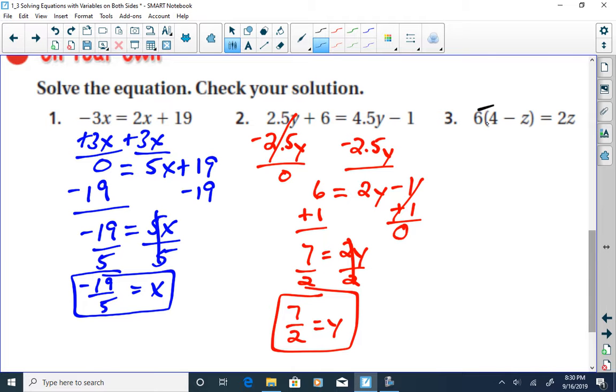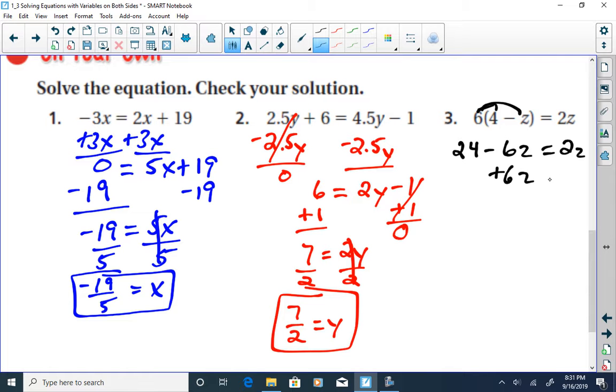I see the distributive property, so I want to distribute that 6 to each of the terms in the parentheses. 6 times 4 is 24, minus 6 times z, we'd write that as 6z. That's going to be equal to 2z. After the distributive property, we have variables on both sides of the equation. I want to remove the variable with the smaller coefficient. Negative 6 is smaller than positive 2.